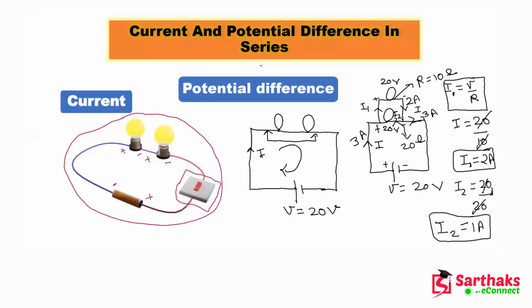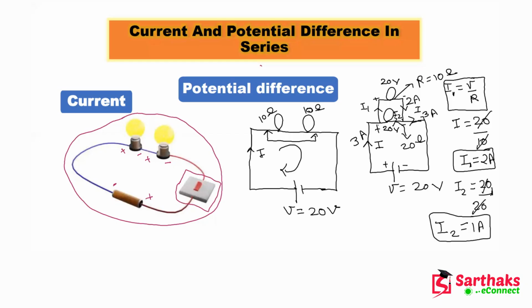In this case, what happens? Let's suppose the resistance here is 10 ohm, and let's suppose the resistance here is also 10 ohm. Now, if you want to calculate the voltage on this bulb, the voltage is not the same here, the current definitely is the same.